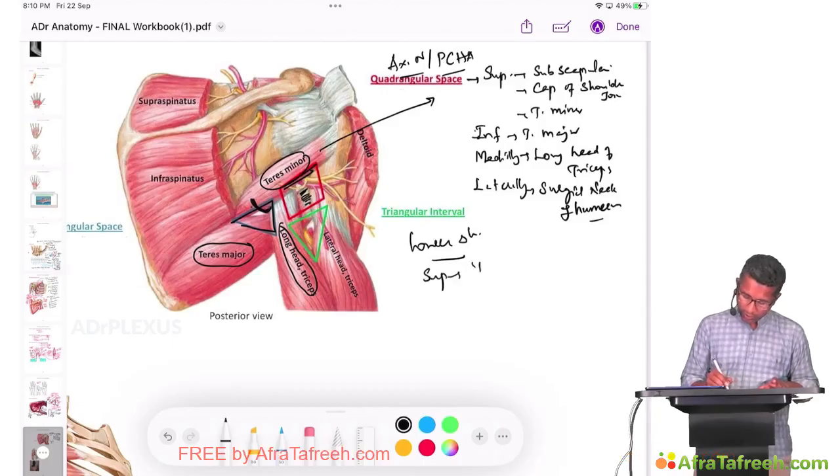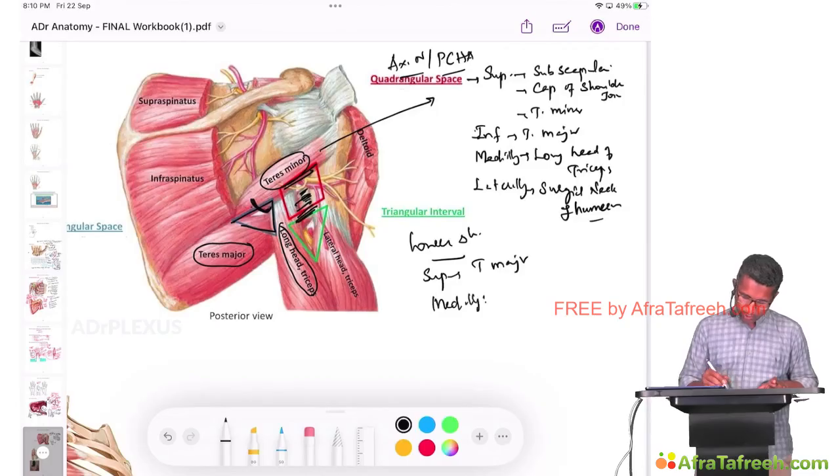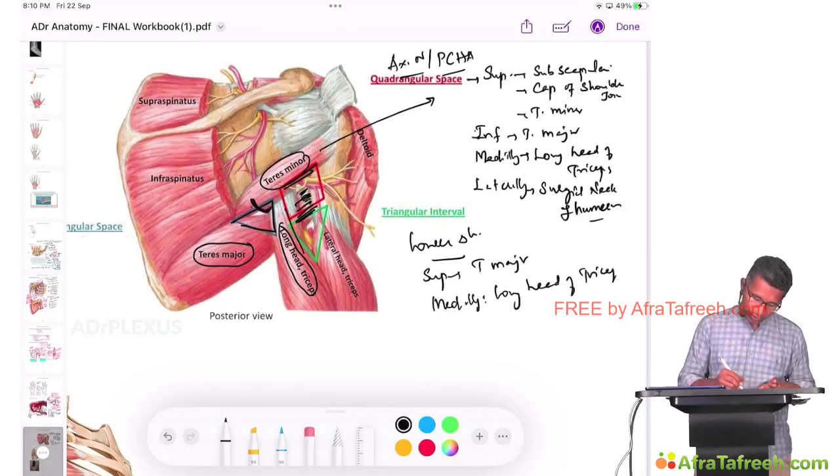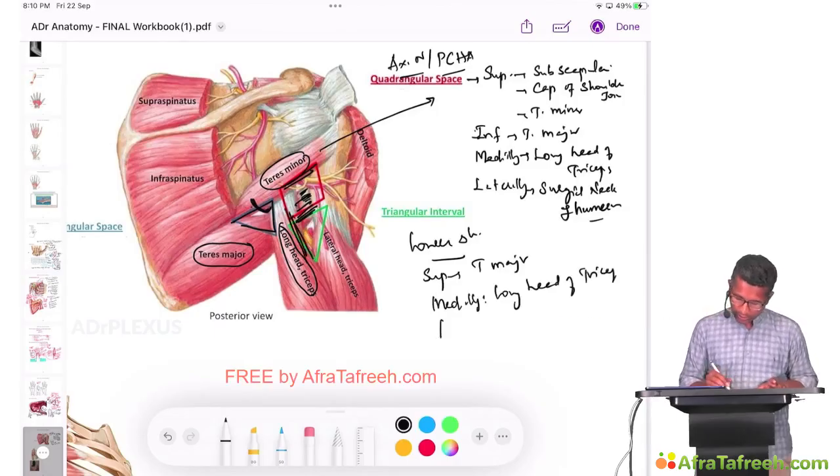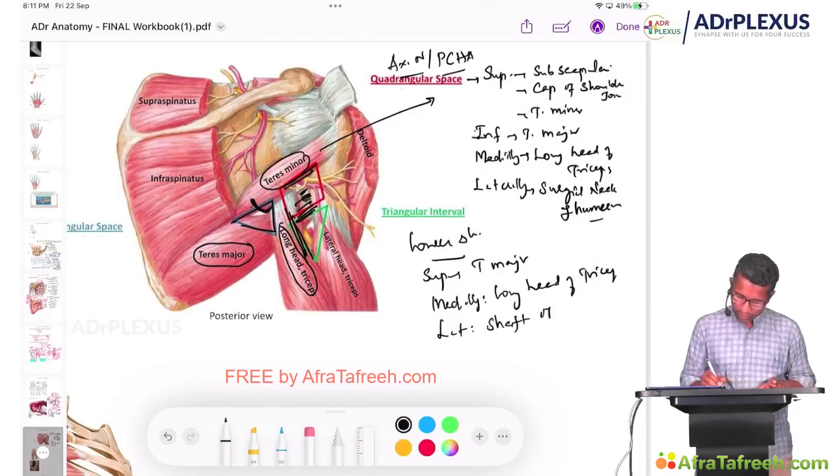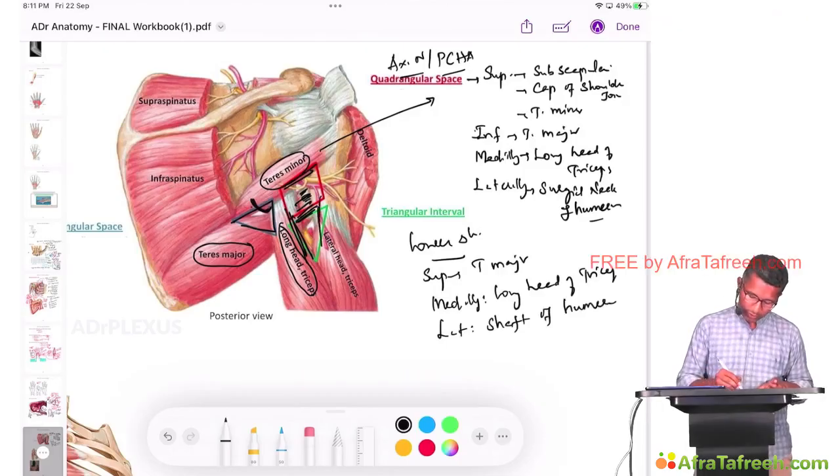superiorly by teres major. What you see here is the teres major. Medially by the long head of triceps, you can see the long head of triceps here. And laterally by the shaft of the humerus, which is running here, and the nerve runs here.